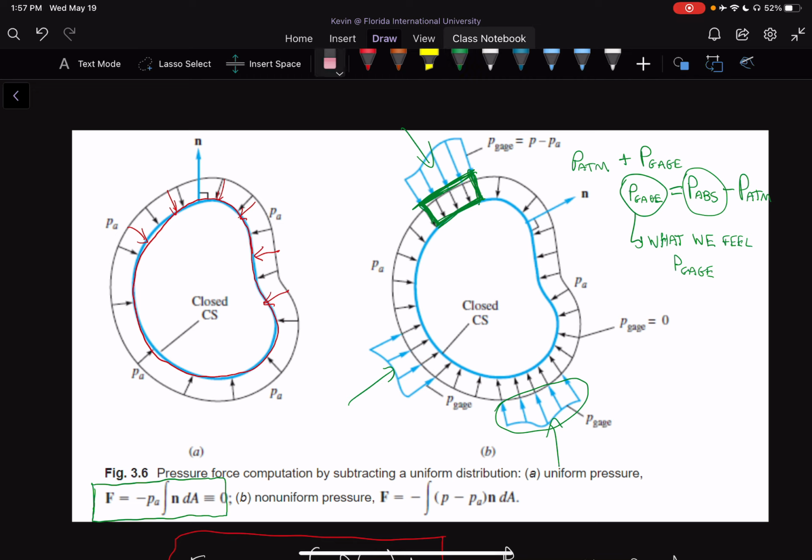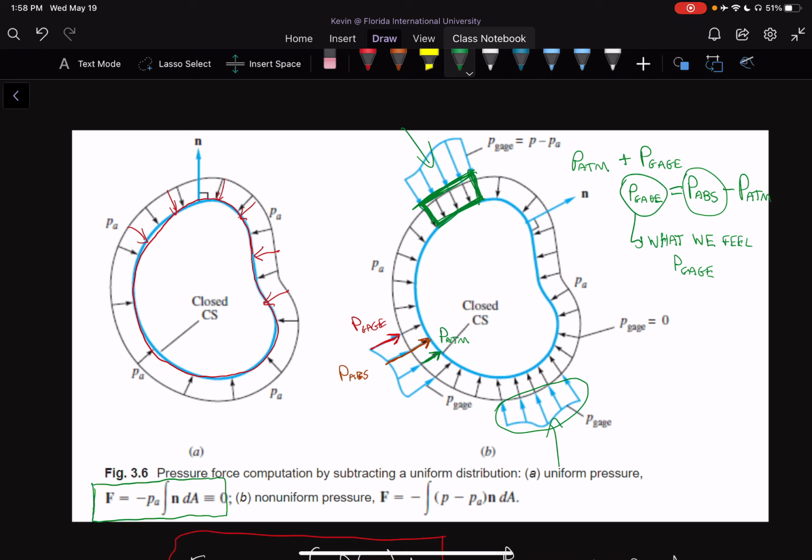So if we look at the bottom left system here, we can say that this little part here is P gauge, this part from here to here would be P absolute, and the first part, the little part only at the front, would be P atmospheric. So hopefully that makes sense as to why we feel P gauge and not P atmospheric or P absolute.